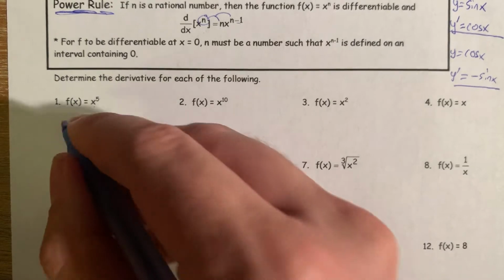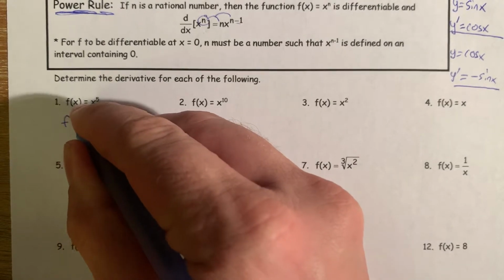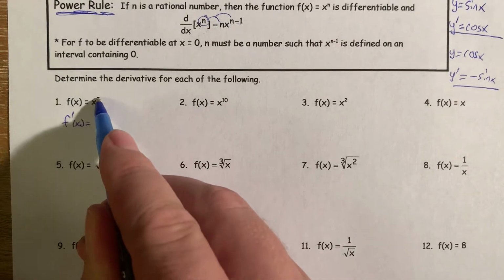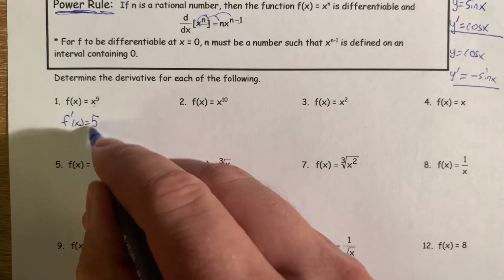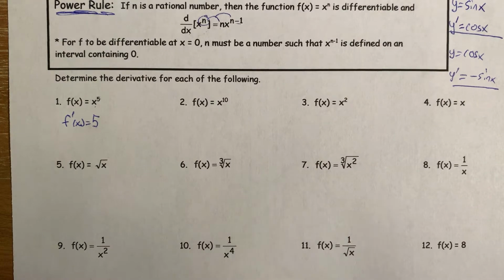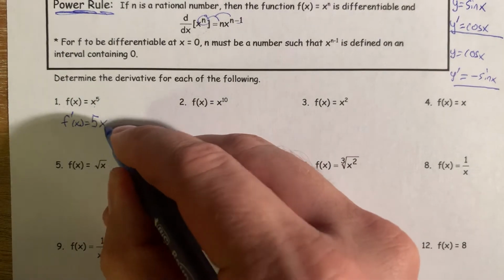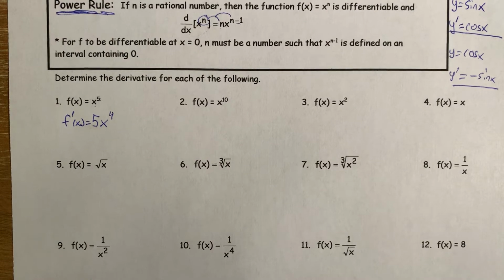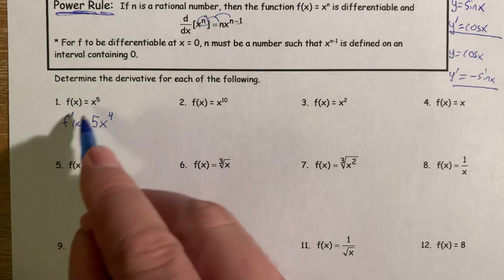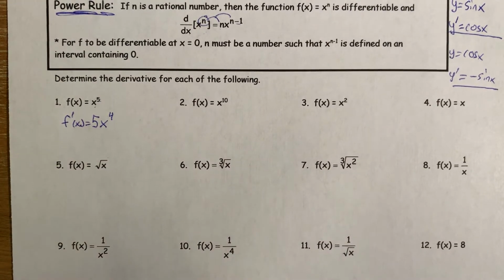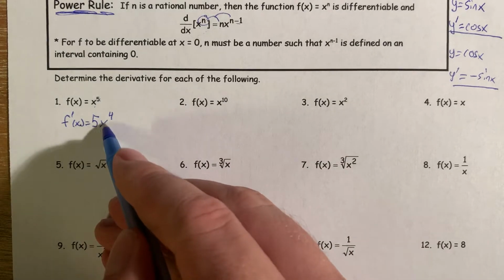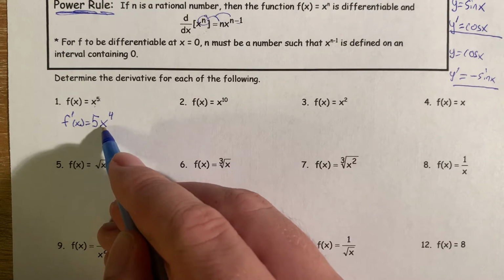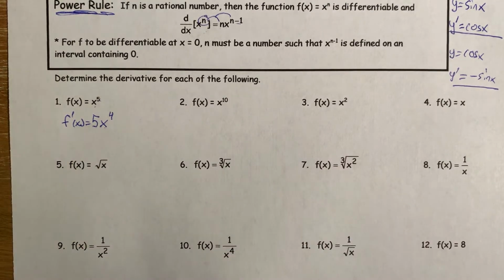Yes, and the power rule says that the way we do the derivative, f prime of x, will be we multiply by the power, so 5, and we lower the power by 1, so it becomes 4. That's 5x to the fourth. And this is the rule for what the slopes are for this function. At any x value, you can plug into this one to find what the y value is. And at any x value, you can plug in to this formula to find what the slope is.